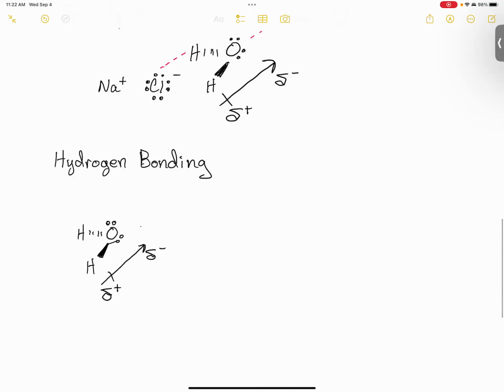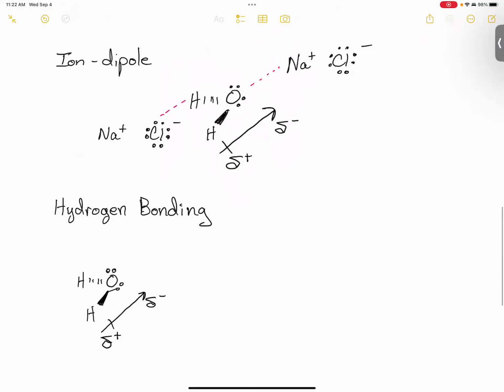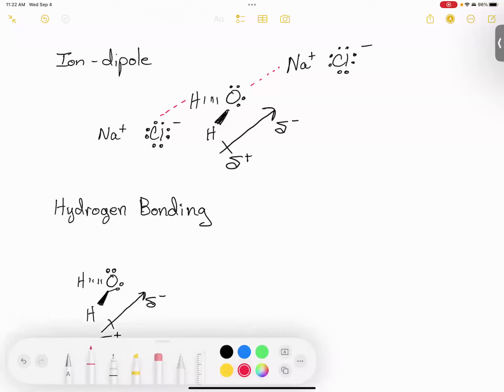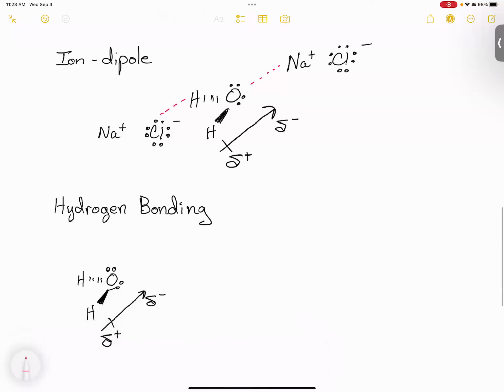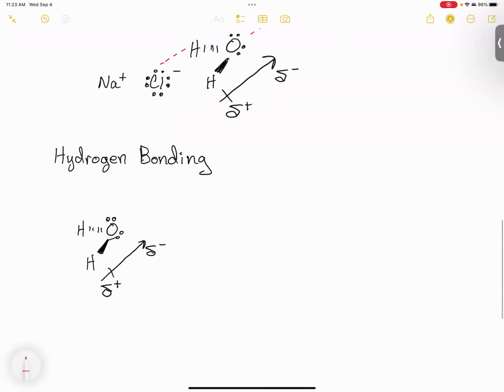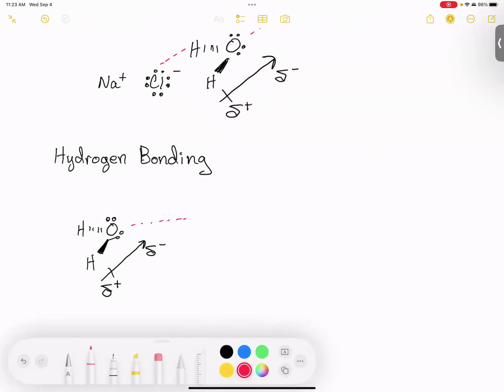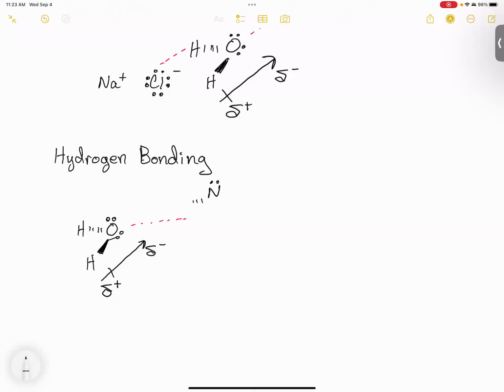Now, the negative end of the dipole moment associated with the water molecule, it's being stubborn today, that can hydrogen bond with the hydrogen associated with, say, an ammonia molecule, which is also polarized towards the nitrogen.